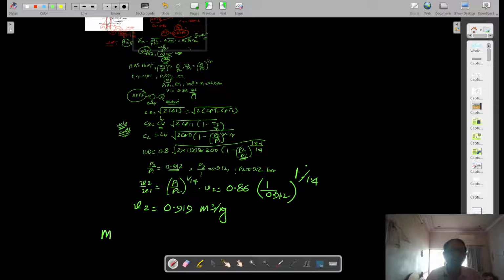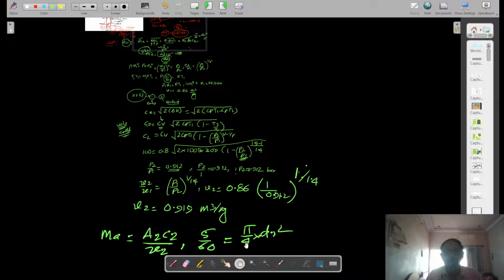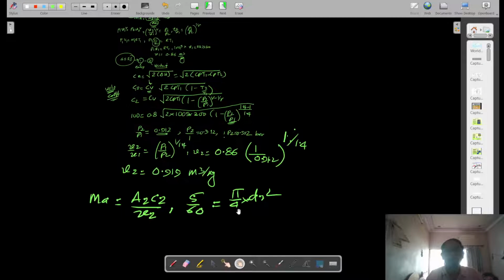MA is equal to A2 C2 by V2. MA I already know, it is 5 by 60, I write over here, is equal to A2, which means pi by 4 into D2 square.